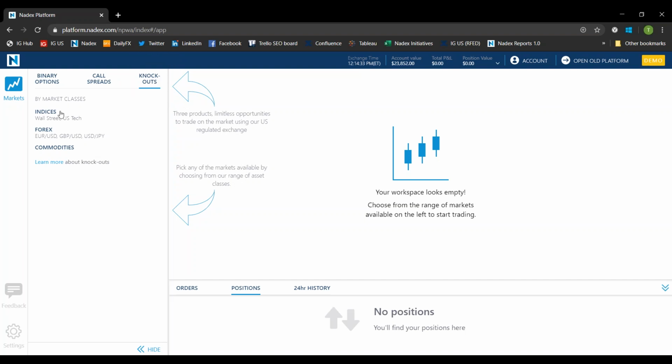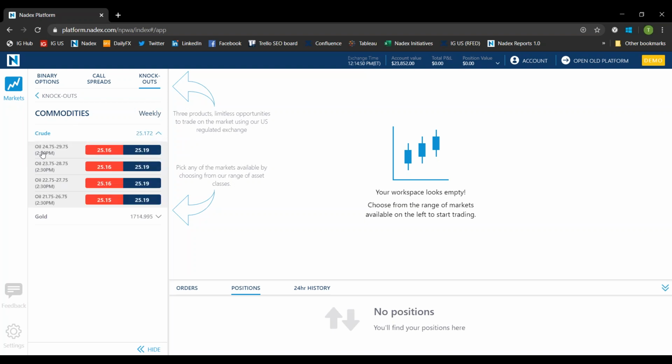Notice in knockouts, we have them in indices, in Forex, and in commodities. I am going to click on commodities, and you'll notice we've got them for both crude oil and for gold. Now I am going to click the little down arrow for crude oil, and you'll see that we always have 4 knockouts.